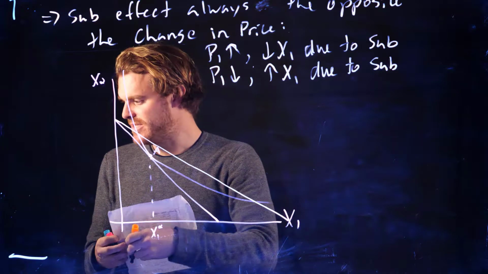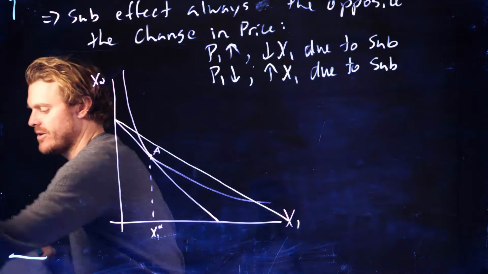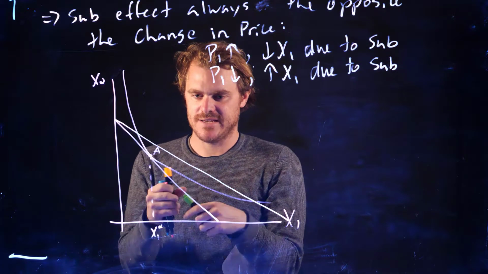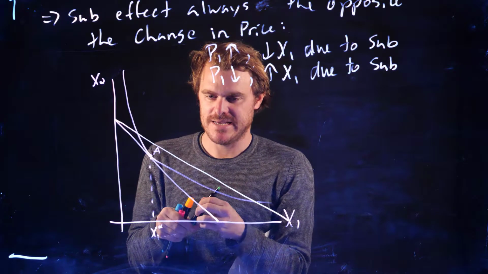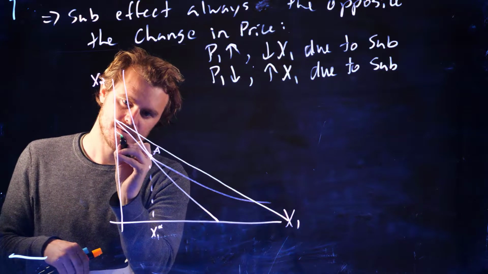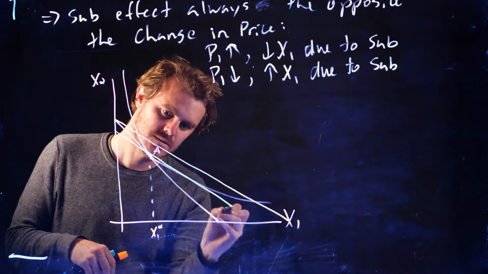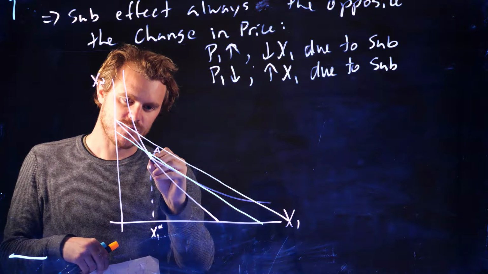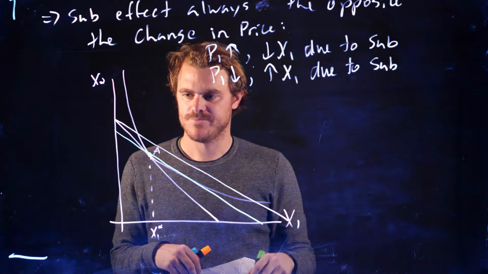And then to draw these two effects, I'm going to grab another color here. We've been reducing the money income to hold purchasing power constant. So something like that, right? And again, it's going to cut right through this point A as well.